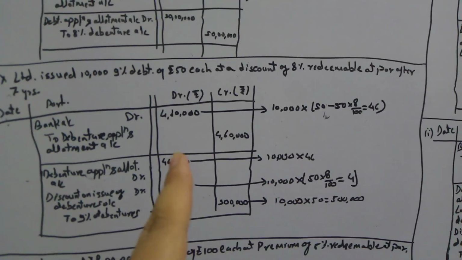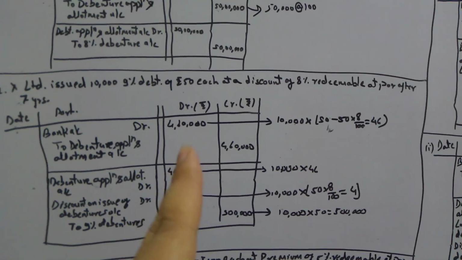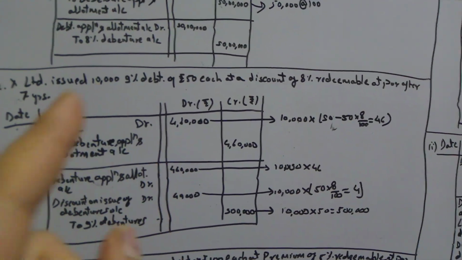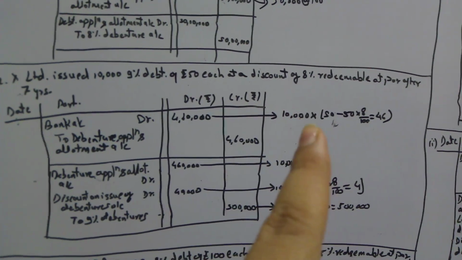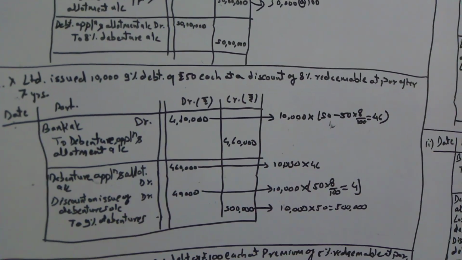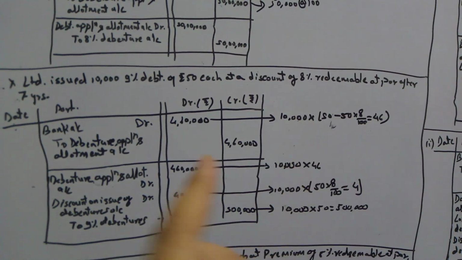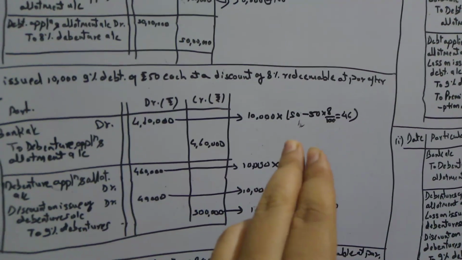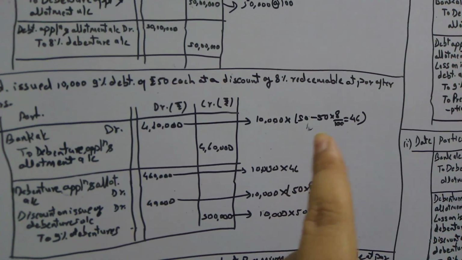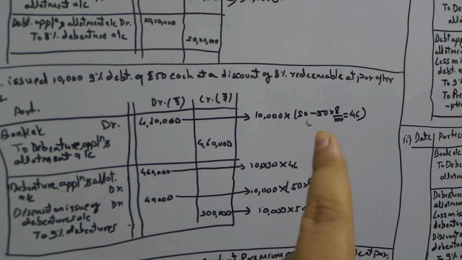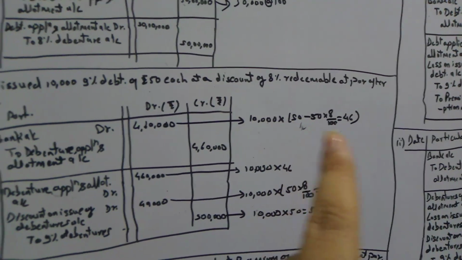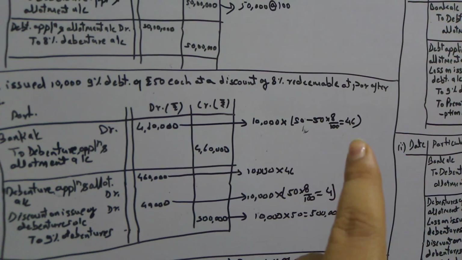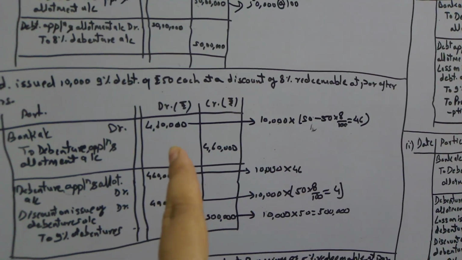This is the receipt entry. You are giving a discount of 8%. This discount amount, always remember, should be calculated on face value. So the calculation is 50 minus 8% of 50, that is 4. 50 minus 4 gives you 46. When you multiply this 46 with 10,000, you will get 4,60,000.